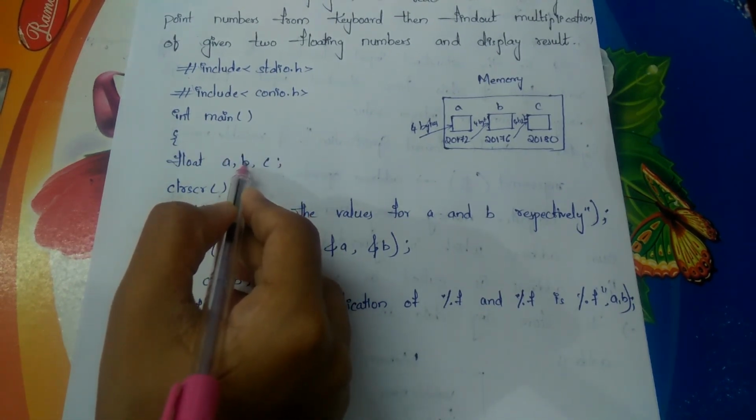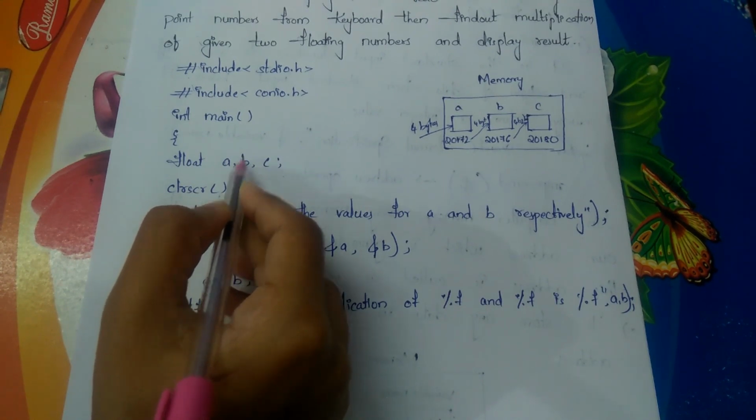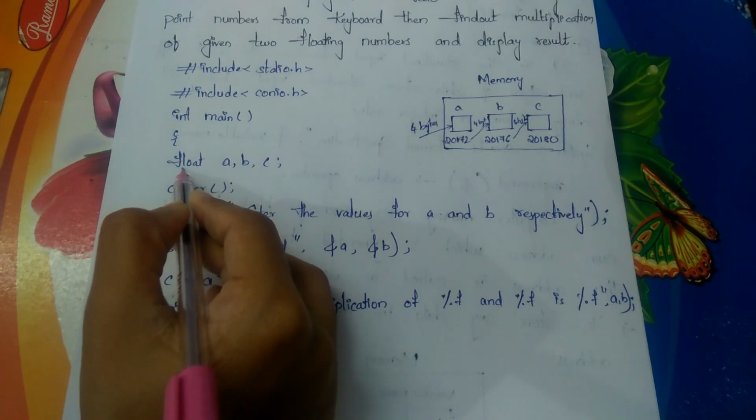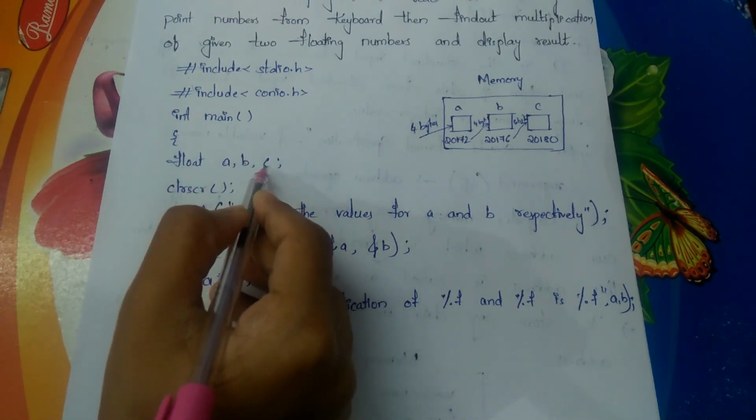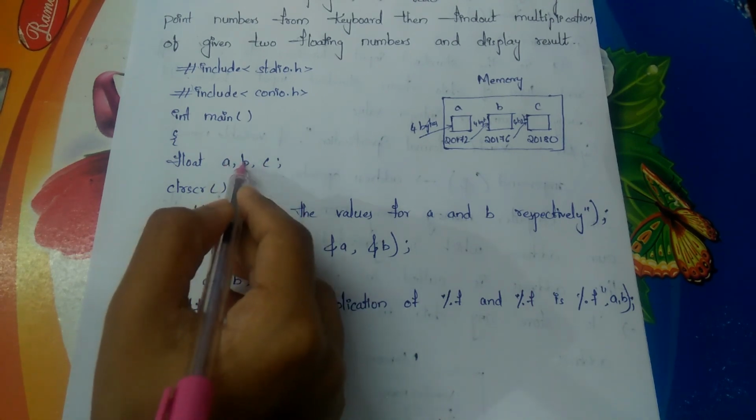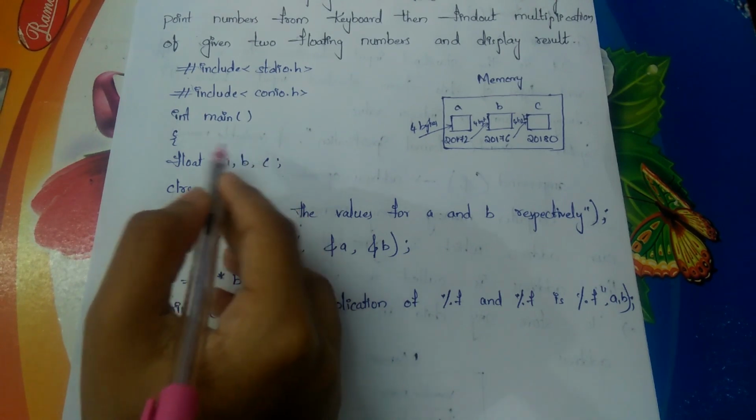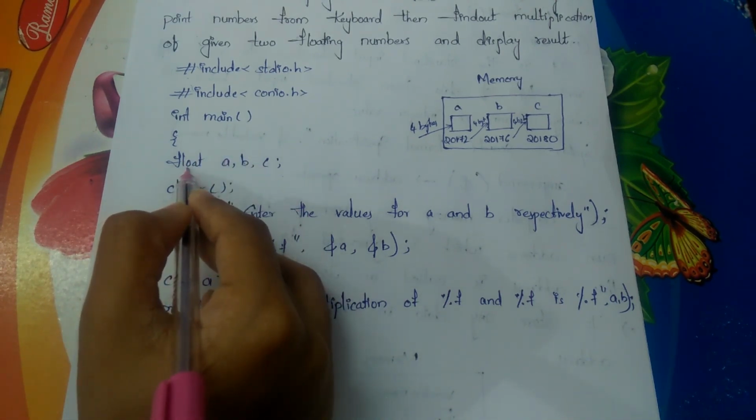Two numbers I have to give through the keyboard, and those are floating point, so I am declaring them with the float data type. And c: the answer will also be a floating point number, because a and b are floating point numbers. So these three variables are declared with the float data type, ended with a semicolon.